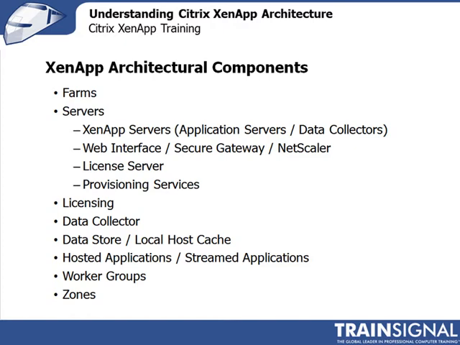The difference is that a hosted application will consume the resources of the server that it's being hosted on, whereas the streamed application is packaged and delivered to the endpoint device and consumes the resources of that particular endpoint device, like CPU and memory and disk and so on.